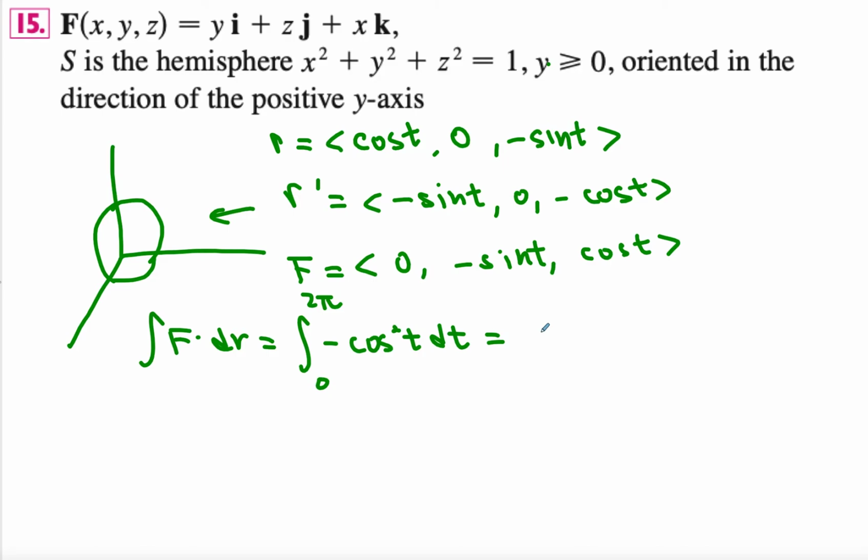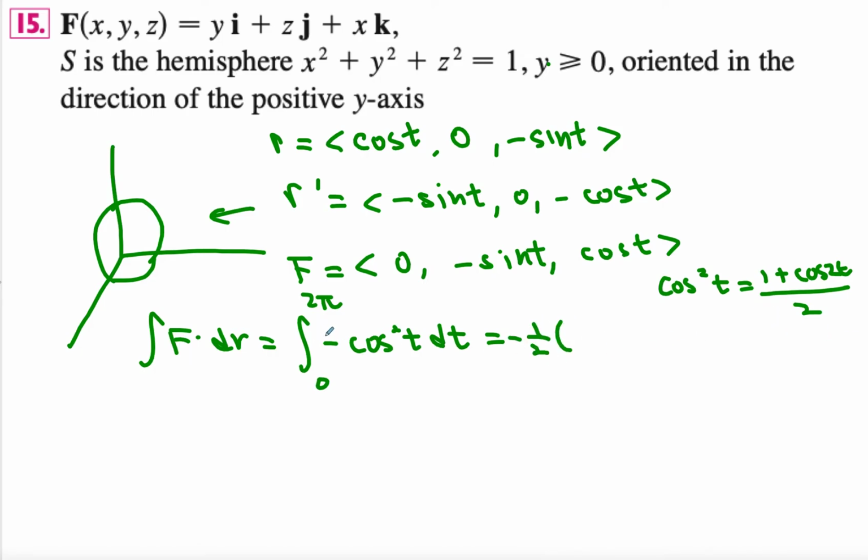Now, when you integrate this one, you remember how cosine squared t was equal to 1 plus cosine of 2t over 2. So if you remember this one, what we end up getting is negative 1/2.